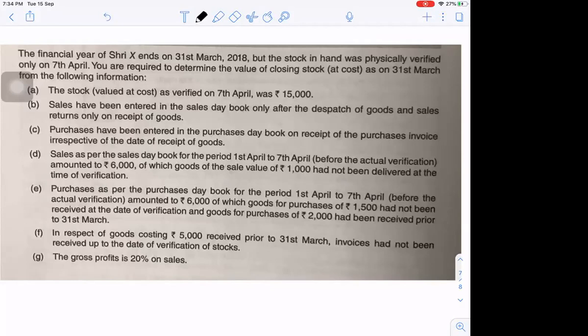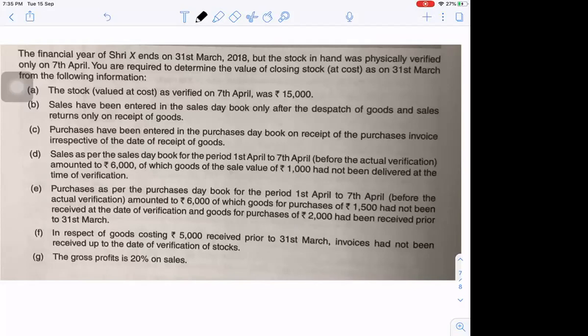Sales as per the sales day book for the period 1st April to 7th April, before the actual verification, amounted to rupees 6,000, of which goods of the sale value of rupees 1,000 had not been delivered at the time of verification.